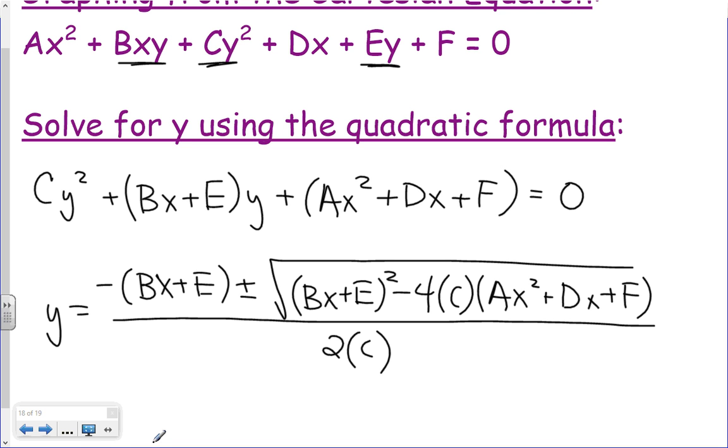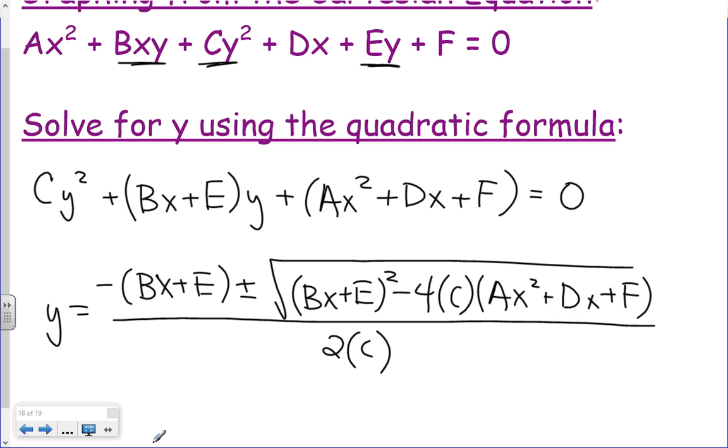But we end up with an equation that represents y as a function of x. I could now take this equation, plug it into my y equals menu, and graph this. This is another way for me to graph that conic without having to go through all the steps to find the center radius form, like we just saw in the previous example.